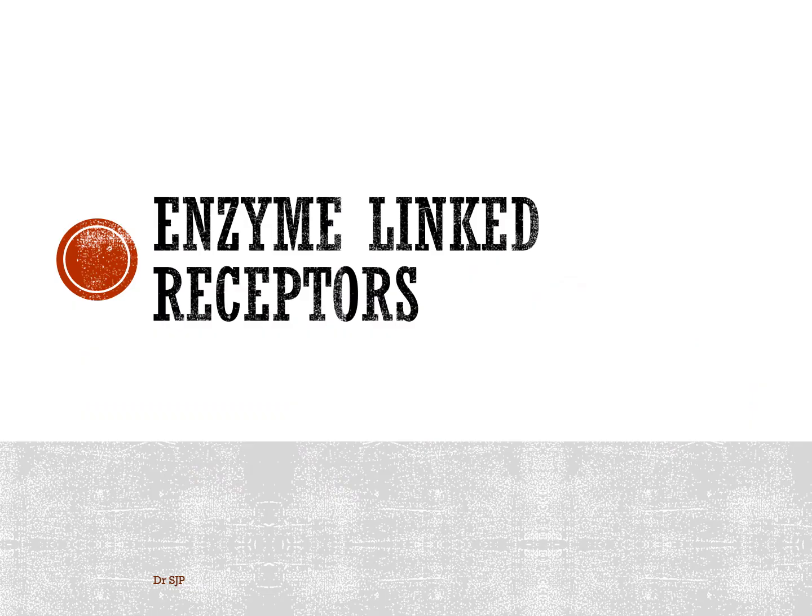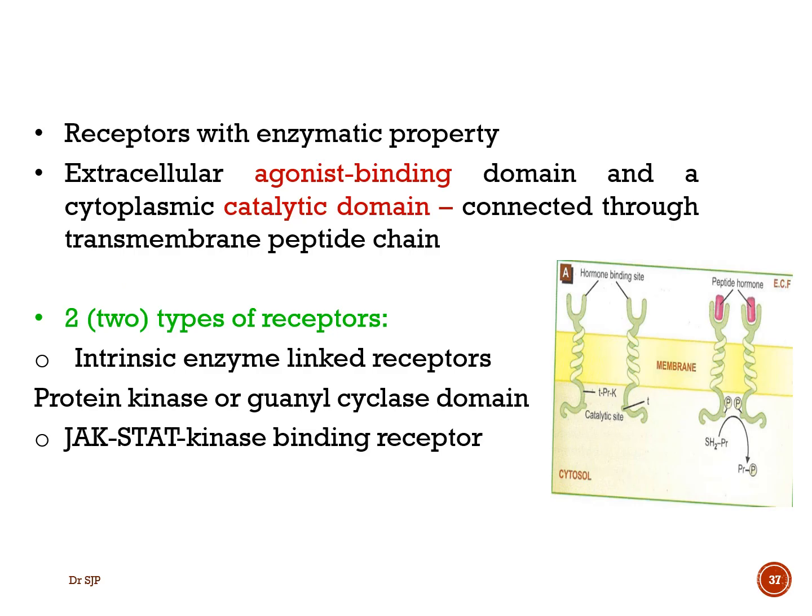The next is the enzyme linked receptors. Basically, enzyme linked receptors are a group of transmembrane proteins that contain either intrinsic enzyme activity on their intracellular domain, or are associated directly with an intracellular enzyme.